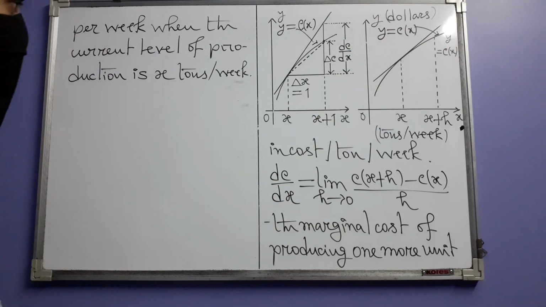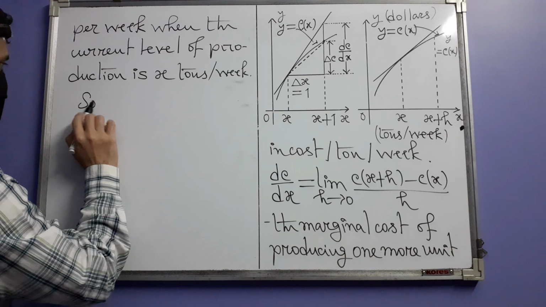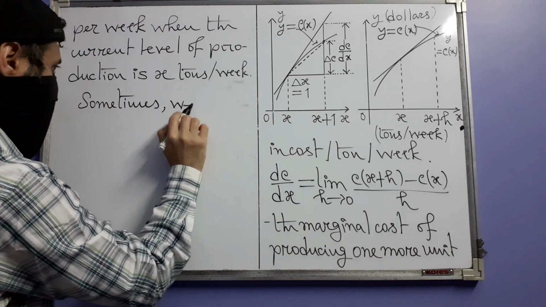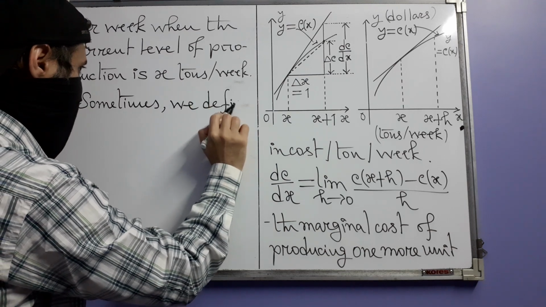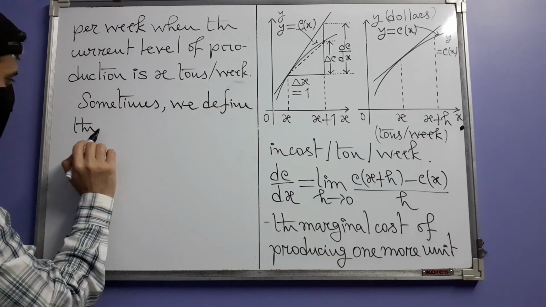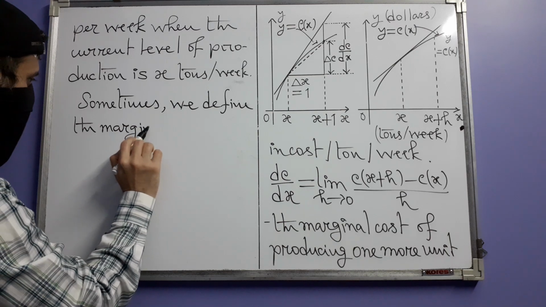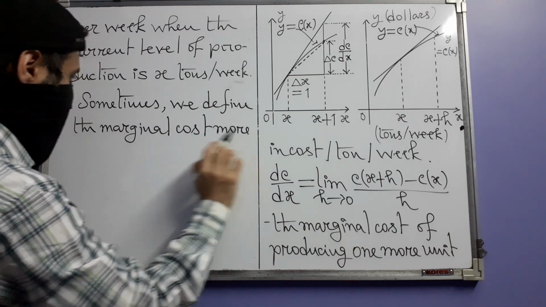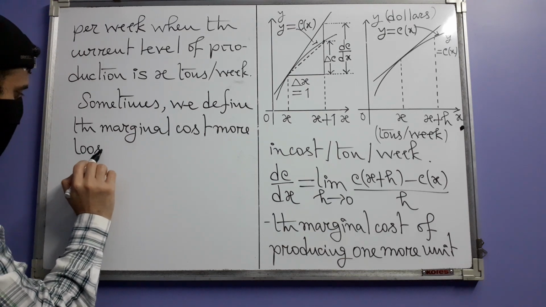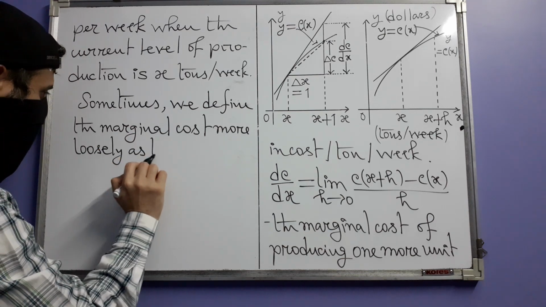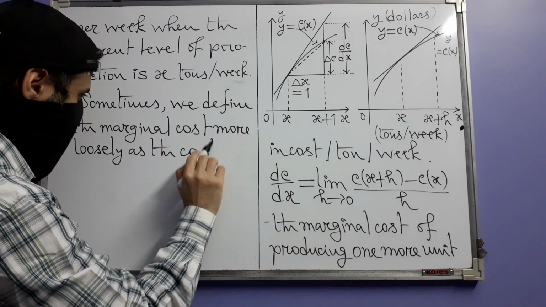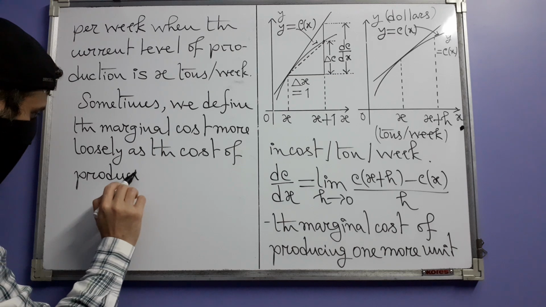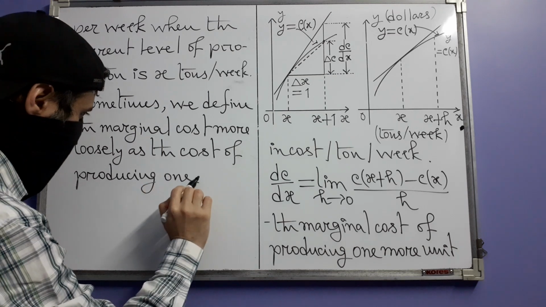Now sometimes, of course, we define the marginal cost more loosely as the cost of producing one more unit.